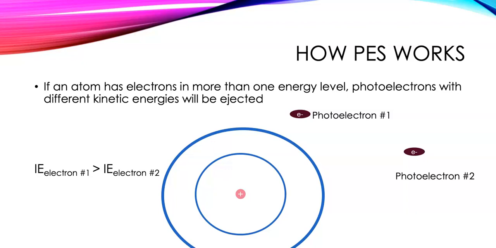We know that the ionization energy of electron number 1 in energy level 1 is greater than the ionization energy of the electron in energy level 2. Because we're bombarding the atom with high energy photons, all of the same energy, what we realize is that the kinetic energy of photoelectron 2 is greater than the kinetic energy of electron number 1. And we can measure these and compare them.